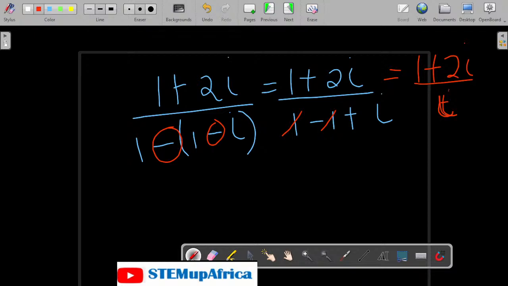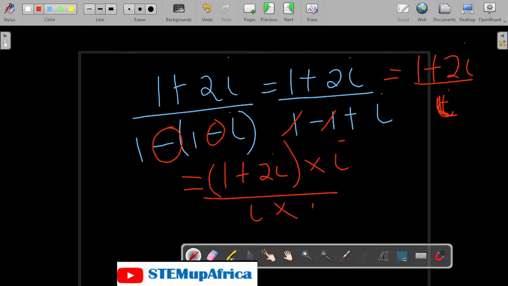So I can rationalize the denominator, so that I can have a simple expression because it's a little bit complex as it is. So let's rationalize the i. I'm going to have 1 plus 2i times i over i times i. If I expand, i times 1 will give us i, plus 2i times i will give us 2i squared, over i squared.